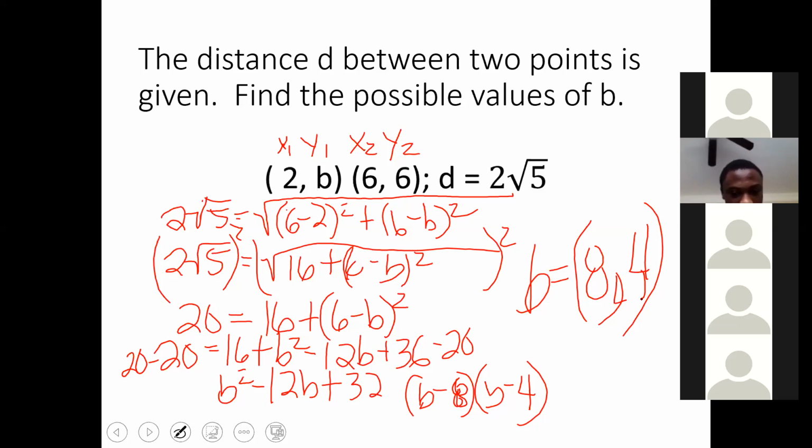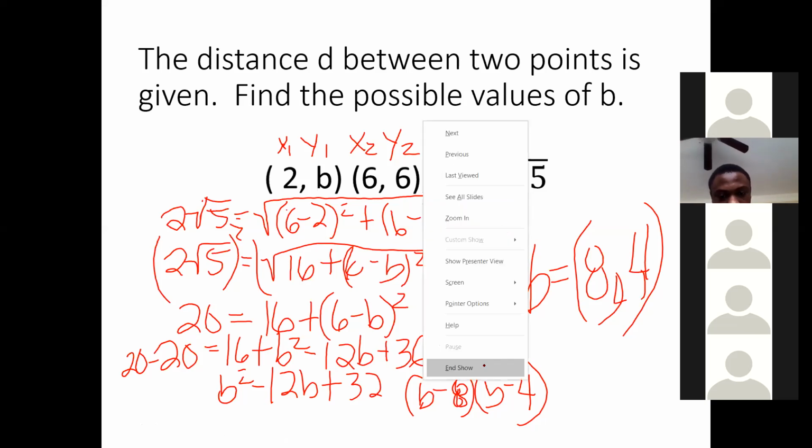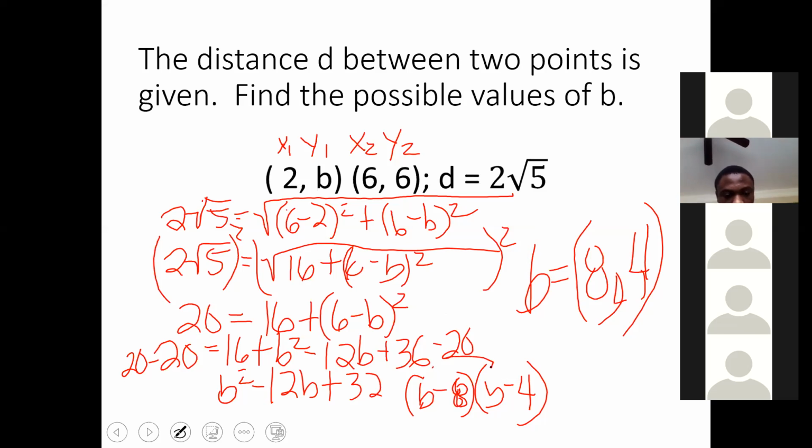So the factors have to add up to 12. They can't multiply, because it's the FOIL method. b times b gives us b squared. And then b times negative 4 is negative 4b. Negative 8 times b is negative 8b.